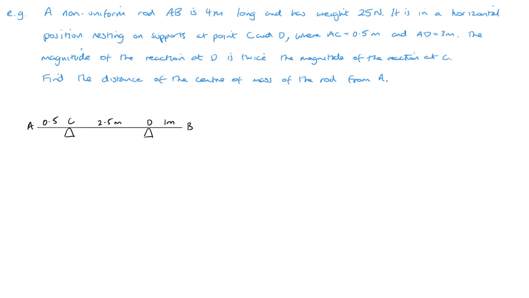The magnitude of the reaction at D is twice the magnitude of the reaction at C, so 2R and R. Find the distance of the center of mass of the rod from A. We'll put the center of mass somewhere there.